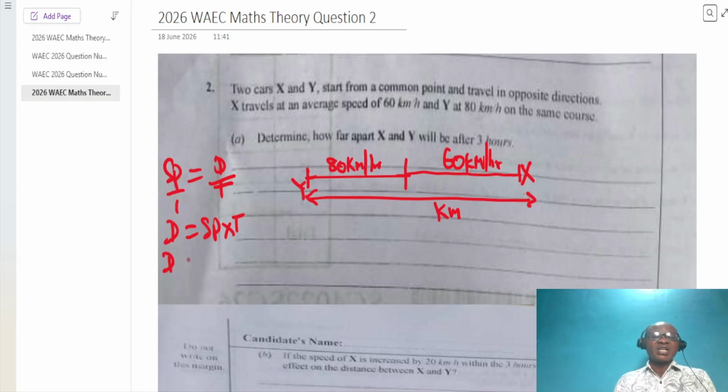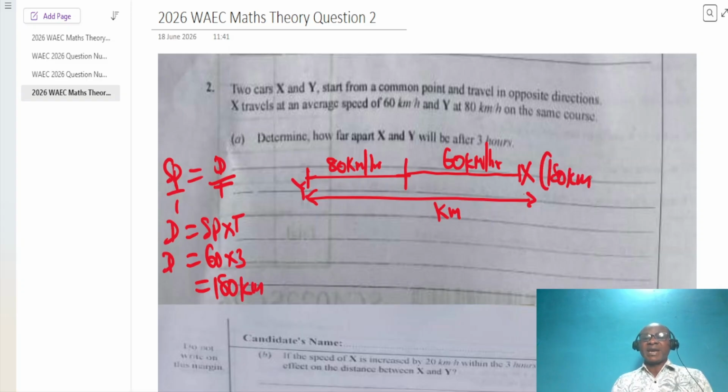Therefore, the distance for X movement is going to be the speed of X, which is 60 kilometers per hour for 3 hours, meaning that X must have moved 60 times 3, which is 180 kilometers. 180 kilometers for X. All right, so X has moved 180 km.